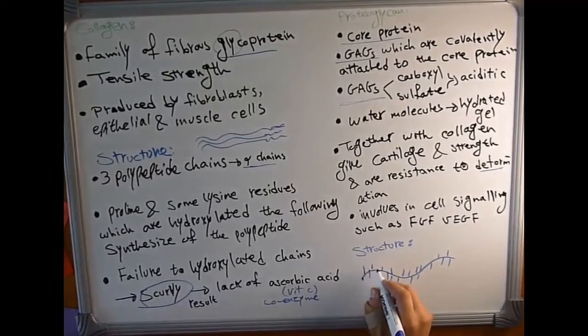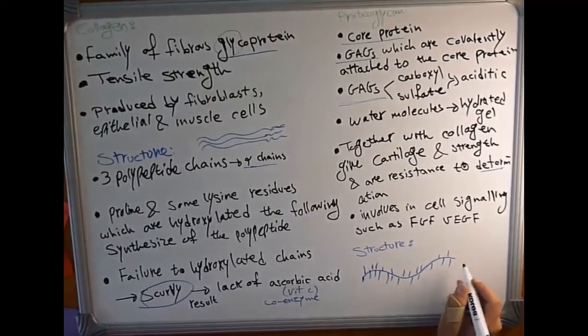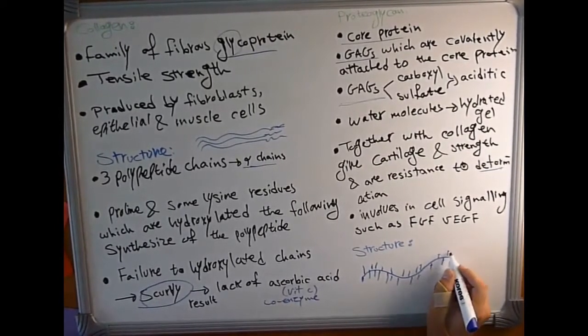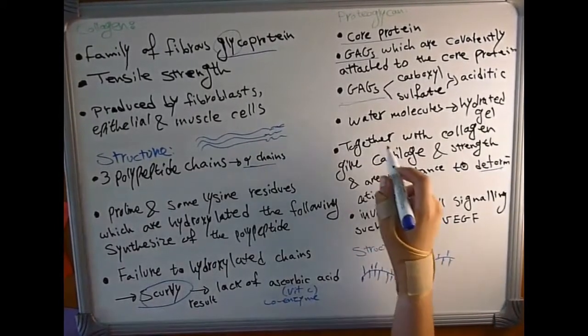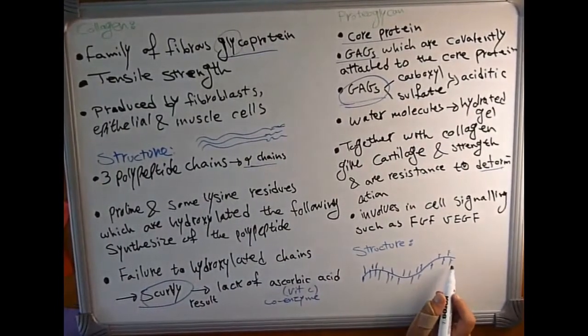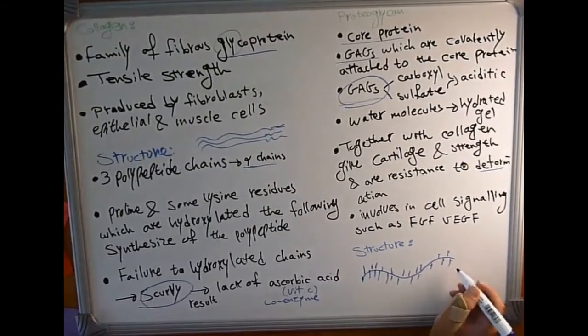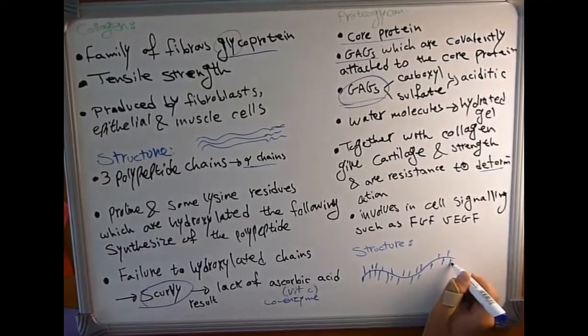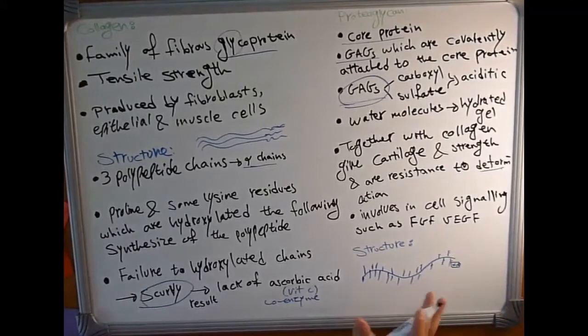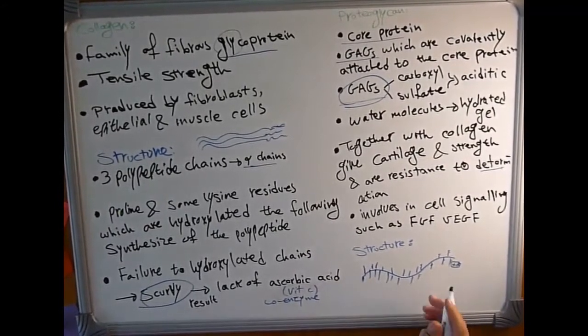As I said before, because of the negatively charged glycosaminoglycans, they attach to a lot of cations such as water molecules and form a hydrated gel that gives strength to the extracellular matrix.